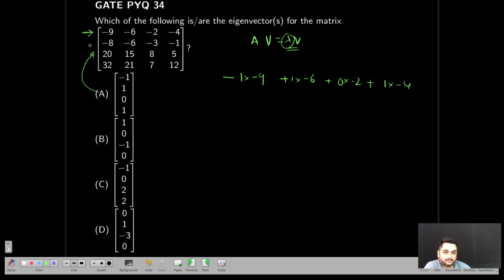And similarly for the second row: 1 into minus 8 plus 1 into minus 6 plus 0 into minus 3 plus 1 into minus 1. Okay, similarly, you go on doing for 4 rows. That is for the first option. Like this, you have to do it for all A, B, C, D. How will you verify? If I add this, it is 9 minus 6 minus 4, so this is minus 1. And this here is minus 8 minus 14, and then minus 1, so minus 15.